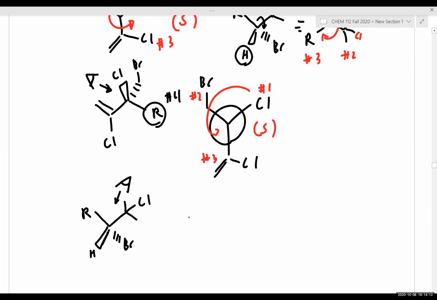So let's showcase this alternative view using our model kit.